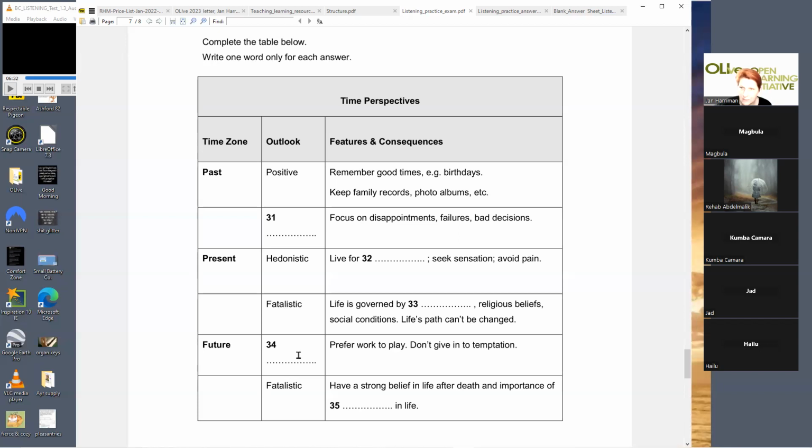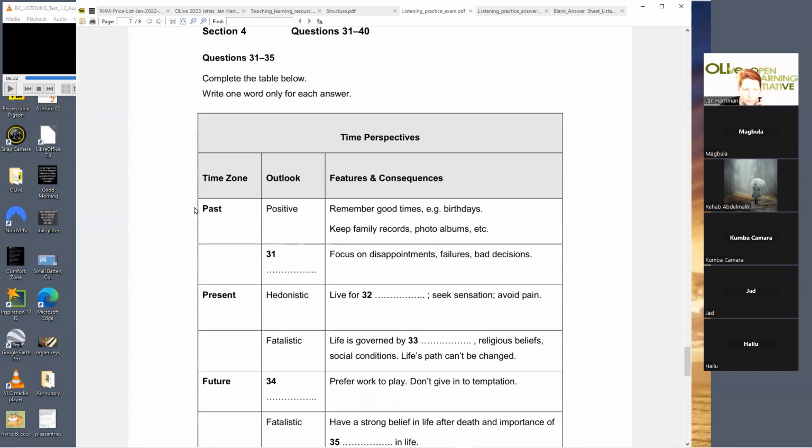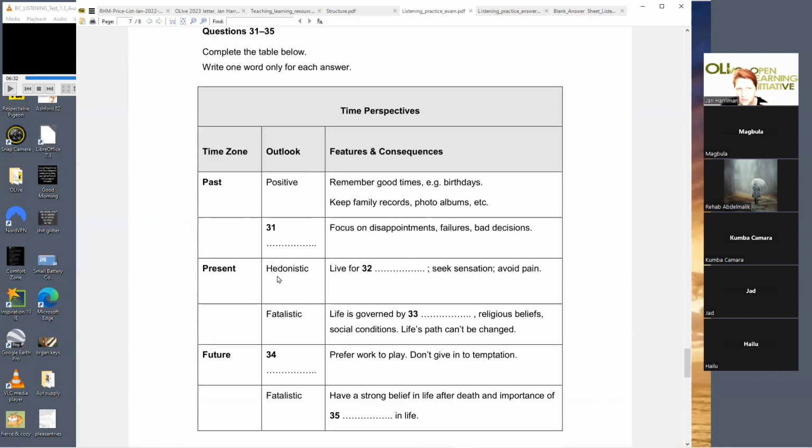It's definitely going to be something pleasure, positive, something, right? But the fact that the words used for the past are not exactly the same as the words used for the present, there's a chance that this will be a different word than hedonistic.